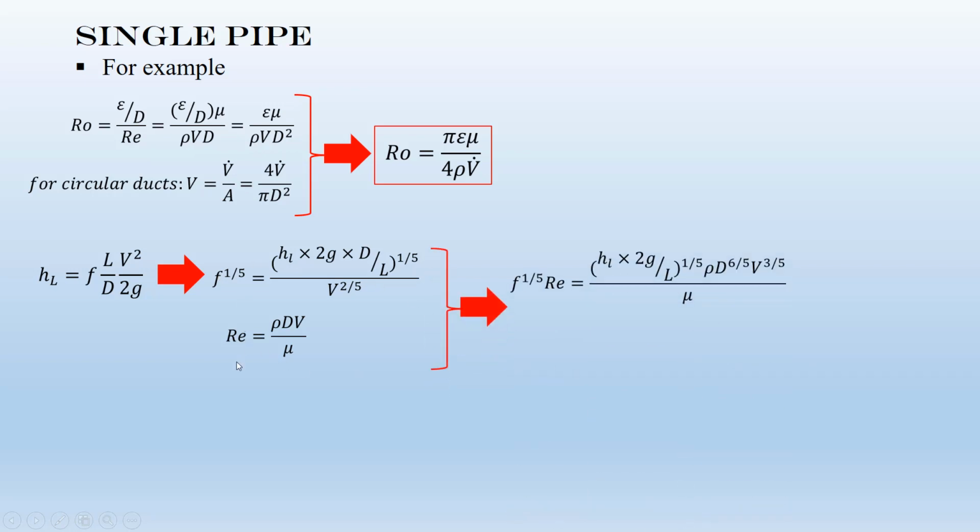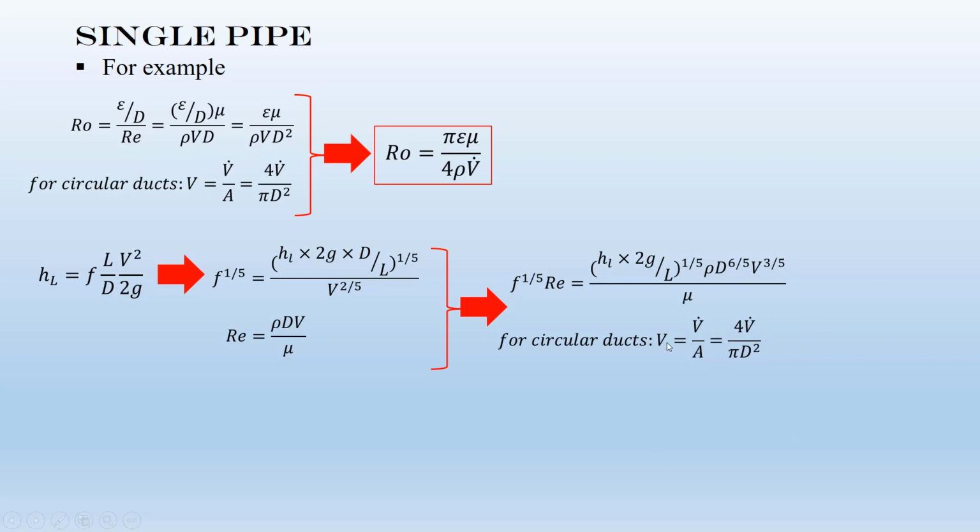If we multiply these two, you will see that this is the product for this term. Now, let's use, guys, the definition for the velocity. For the circular duct, again, you can write velocity is V dot over A, where V dot is the volumetric flow rate and A is the cross-sectional area, or you can write it in this format for the circular duct.